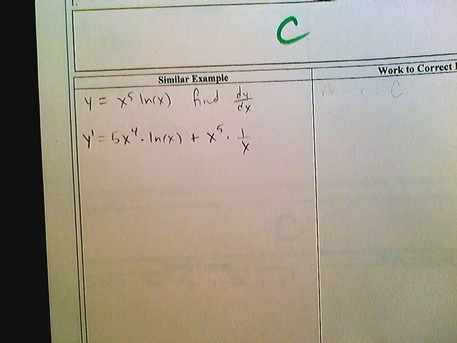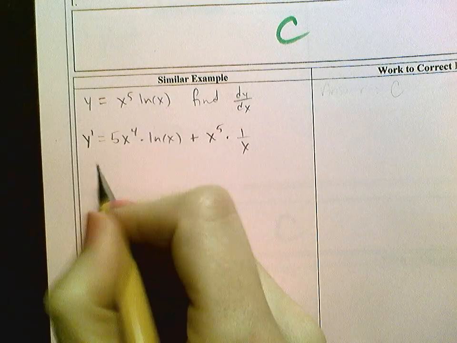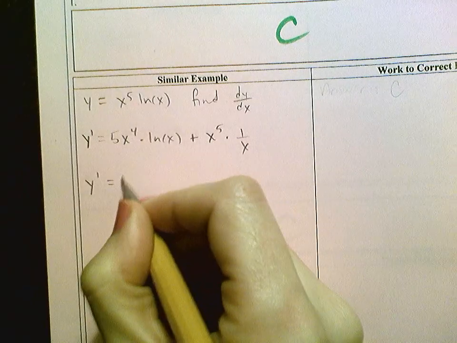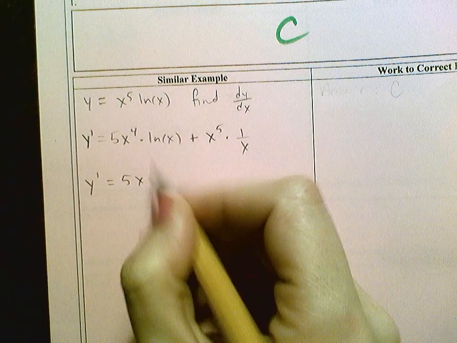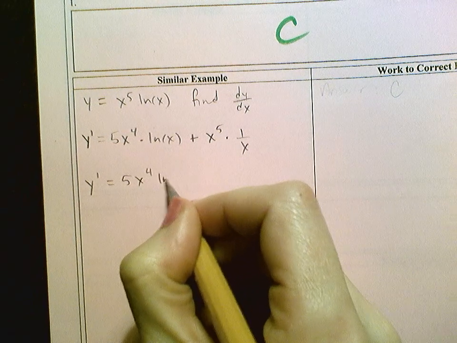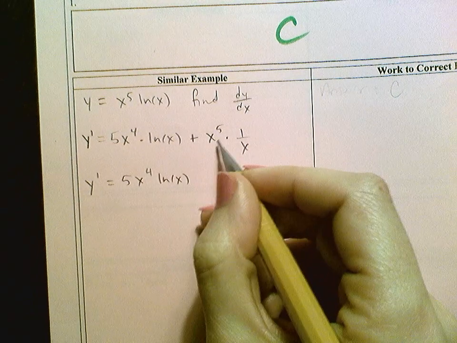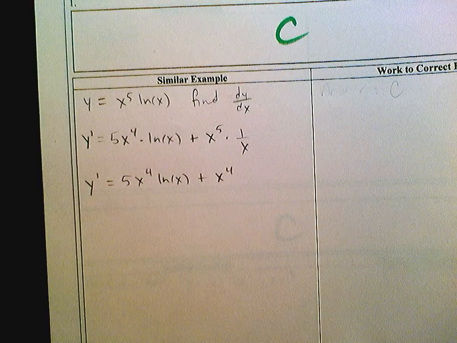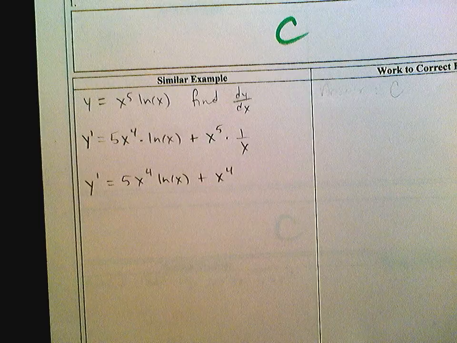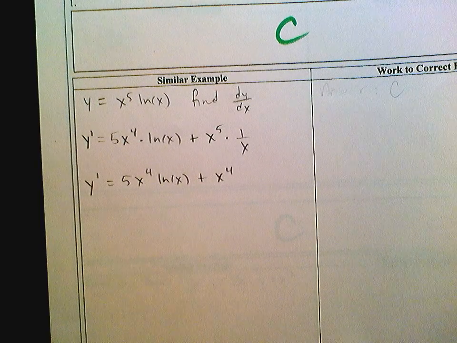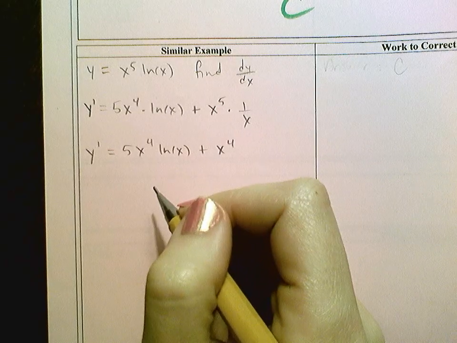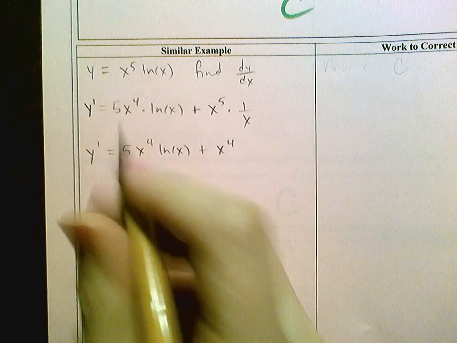Then we'll simplify just a little bit, because with multiple choice very often you have to simplify in order to see what the right answer is. This part is just going to be x to the fourth. In this multiple choice problem in particular, they factored out the greatest common factor.